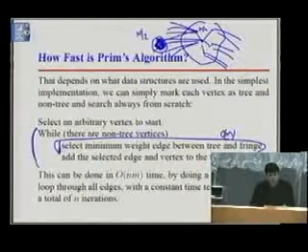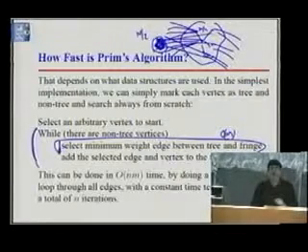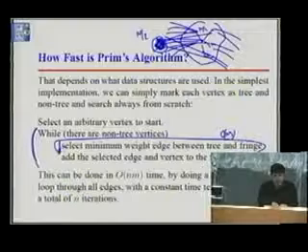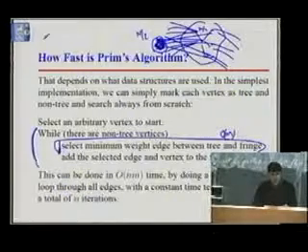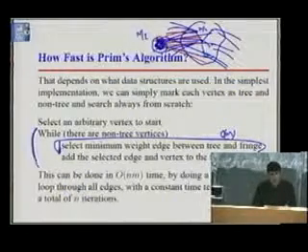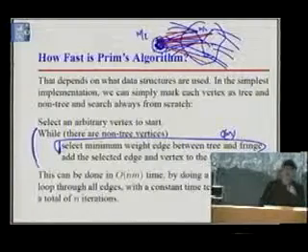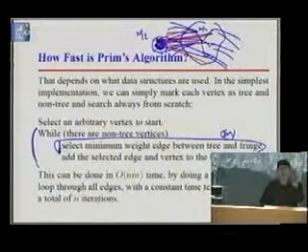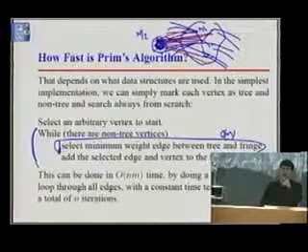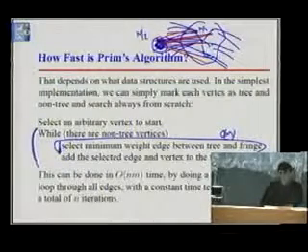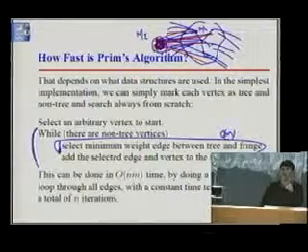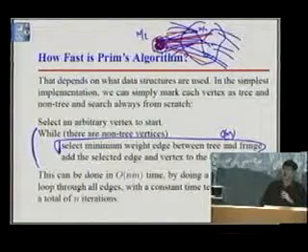There might be n over 2 edges to me from somebody in the tree. Do I need to keep track of all those different ways of getting into the tree? Which is the way that I will get into the tree? By the shortest one. Does everybody agree with that?